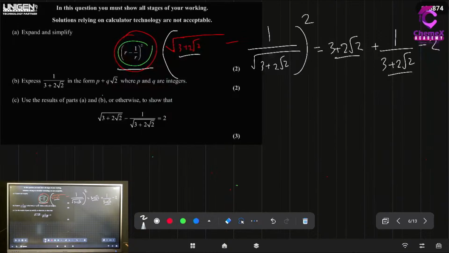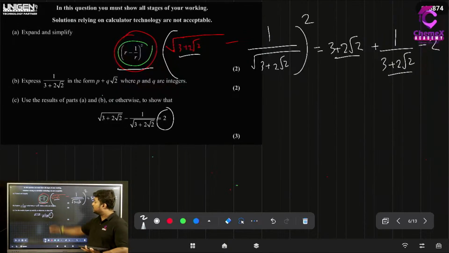Linearize it. What to do afterwards? You have to show that it will be giving you 2.